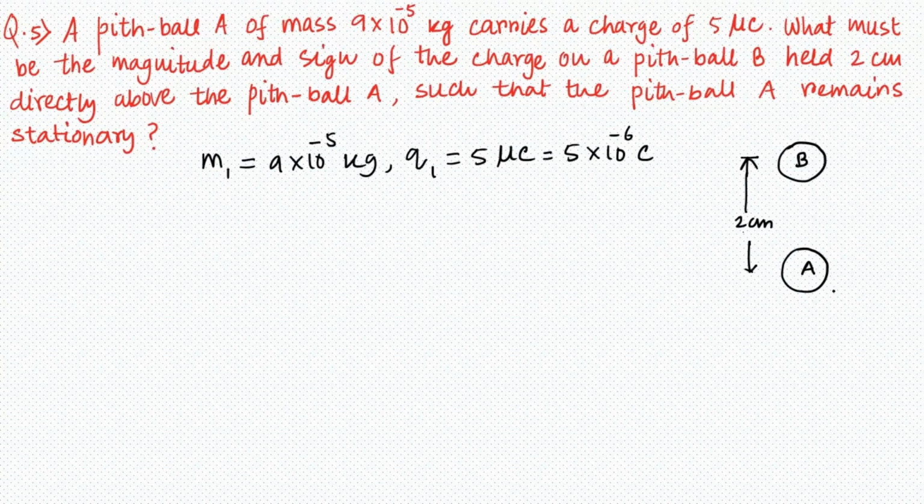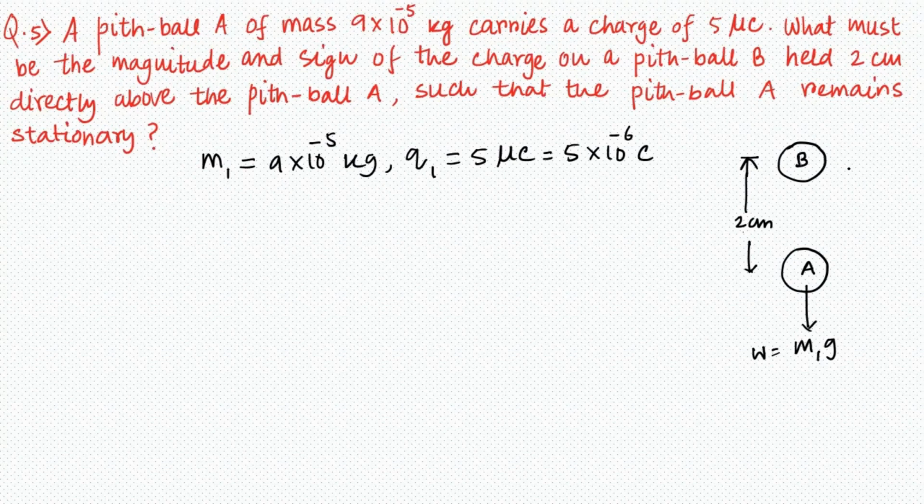Now to remain this A pith ball stationary, the charge on B pith ball has to be negative, right? So obviously the weight of that ball will act downwards, which is m1g.